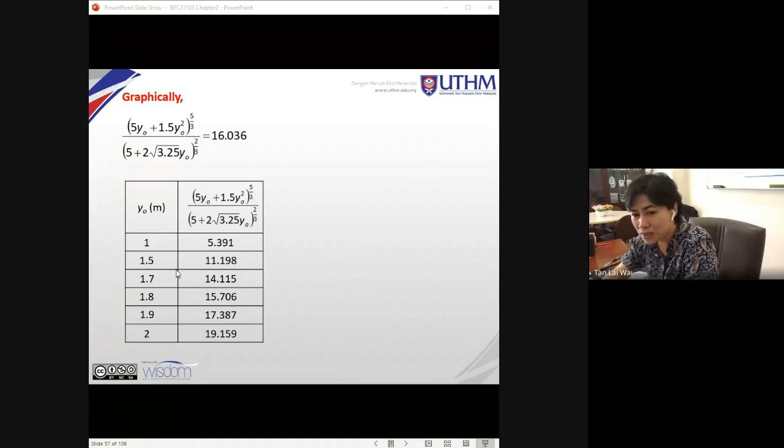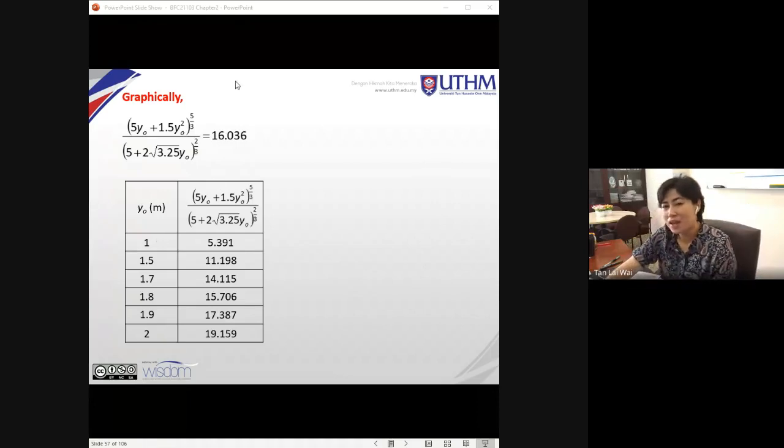Therefore, you have to show the table with the points and the values there. This term will be AR to the power of 2/3. You just have to get a few points, minimum 3 points, where this 16.036 should be covered.